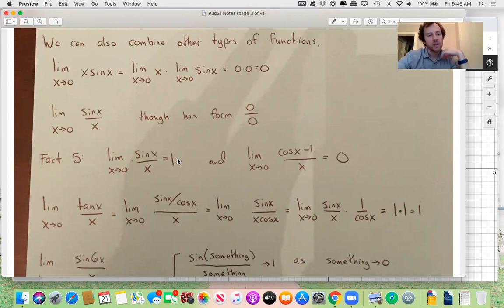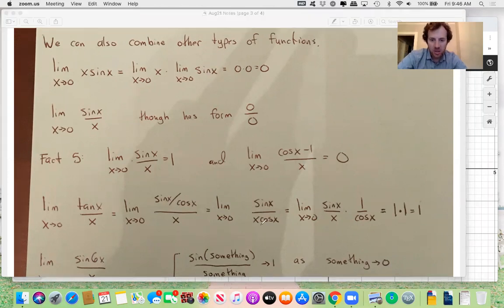So how that can happen is say, well, tangent is sine over cosine. That's just a formula for tangent. Instead of dividing by cosine on the top here, move it to the bottom of the fraction. If we do that, then what we notice is we have sine of x over x appearing inside our function.